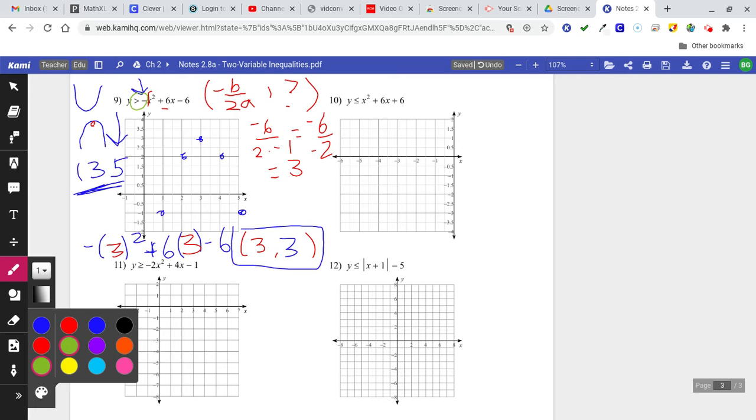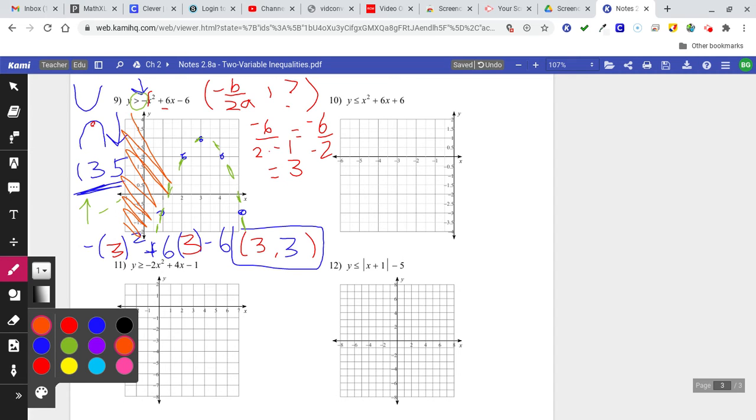Greater than means we're going to shade up, but also since it's not equal to, we know it's going to be a dotted line. So we draw a dotted line through these dots and make it look as good as you can. We've got a nice dotted parabola, and we're going to shade up above it.